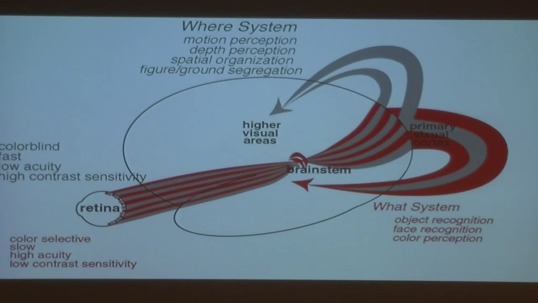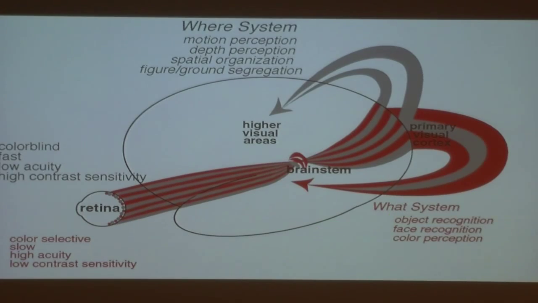And that's because your visual system, and the primate visual system in general, after it gets to primary visual cortex, is divided into two major processing streams, a dorsal and a ventral processing stream. And we know that these two processing streams do different things because of what happens to people who get lesions in parts of their visual system.